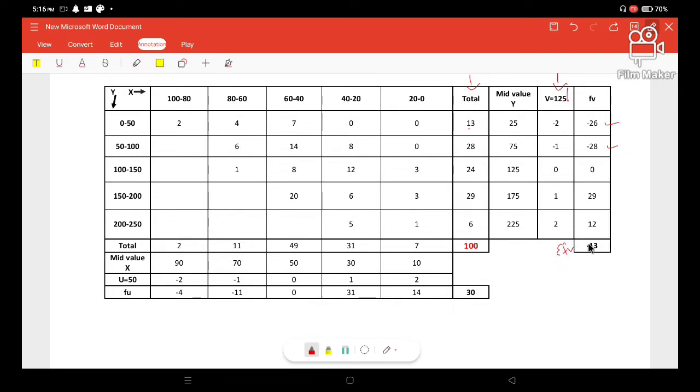Sigma fv is minus 13. The same way we multiply our frequency of x with the value of u, which is 2 into minus 2 is minus 4, 11 into minus 1 is minus 11, and so on, and that comes to 30, and this is called sigma fu.